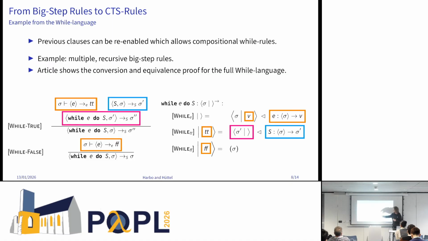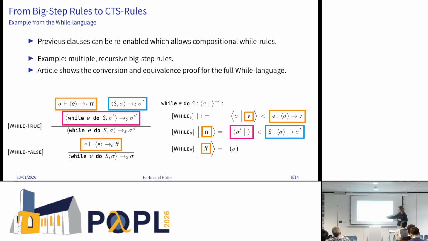However, now, since we have two judgments over here for evaluating the loop condition, and these are essentially equivalent, we can just put one instance of that judgment in the CTS rule and use the secondary values to match on whether we're following the false or true branch.